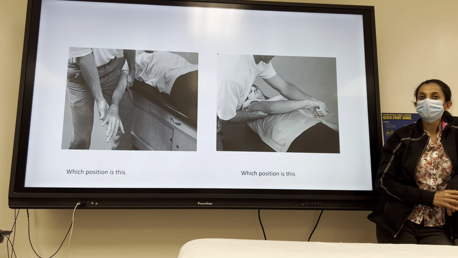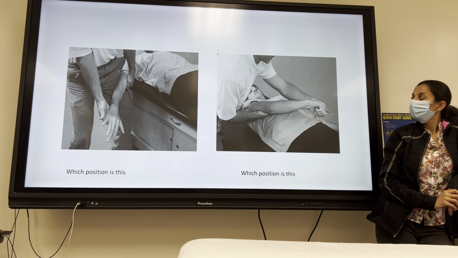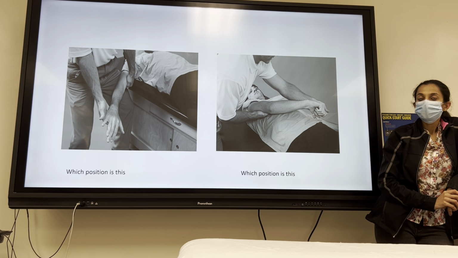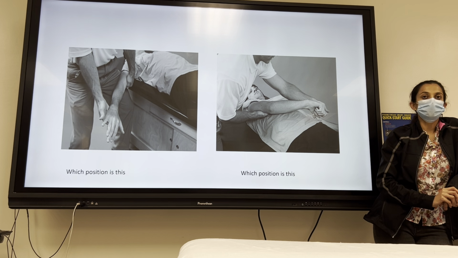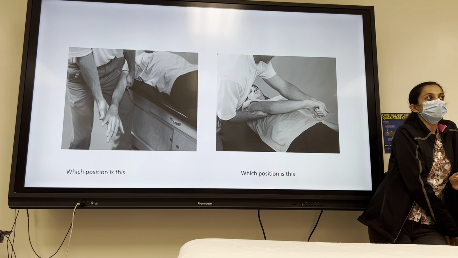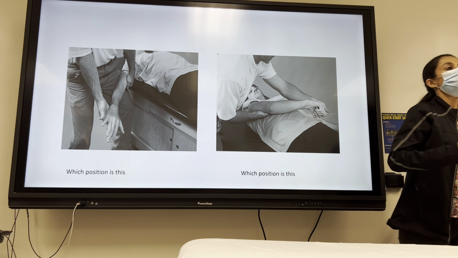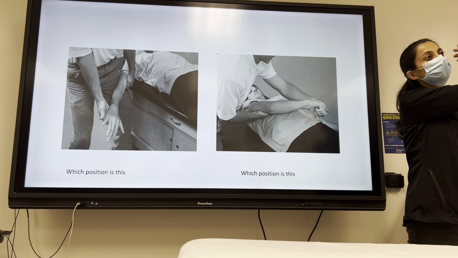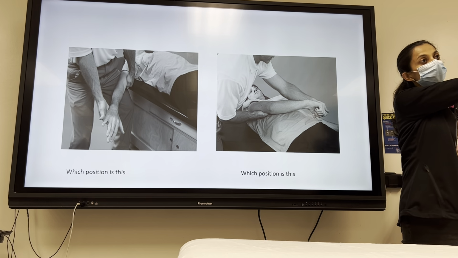This one is in position to do D2 flexion, or it's almost at the end of the D2 extension. So when you think of the pattern, it goes back and forth, correct?